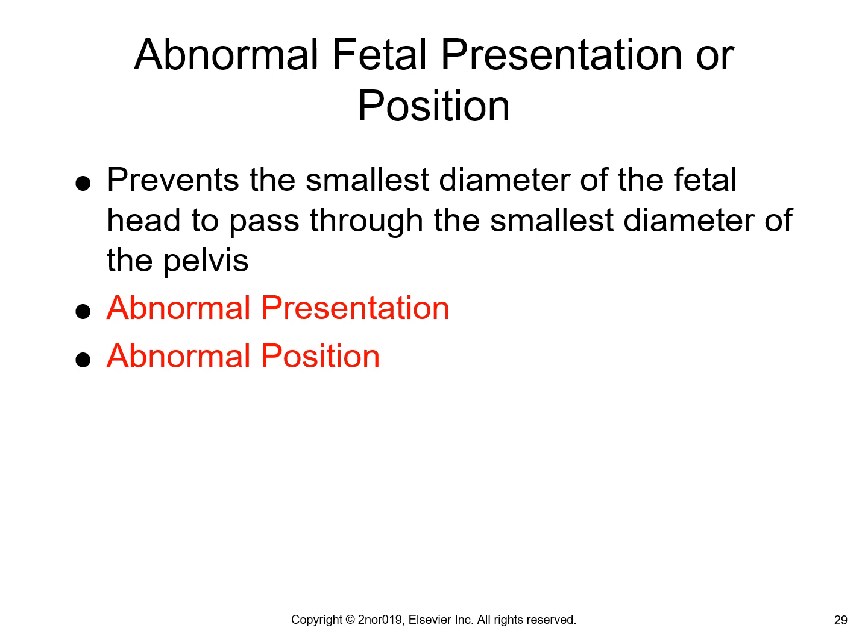This prevents the smallest diameter of the fetal head from passing through the smallest diameter of the mother's pelvis. Another problem that could happen is an abnormal presentation such as breech, footling, or transverse lie, those things.